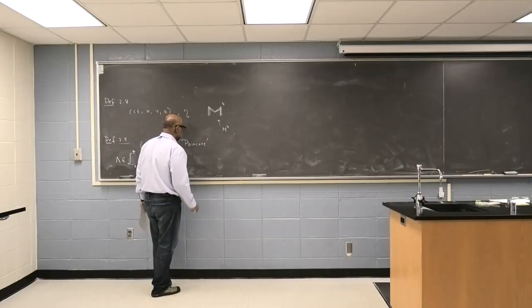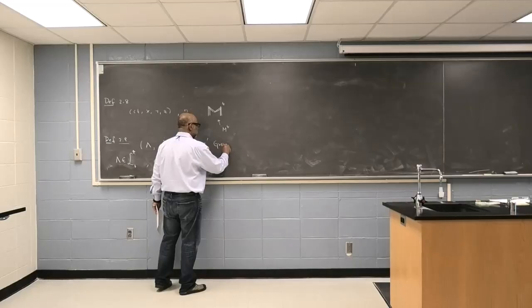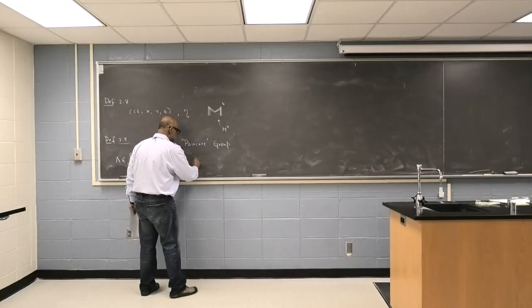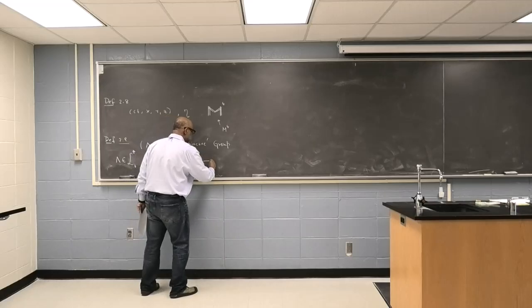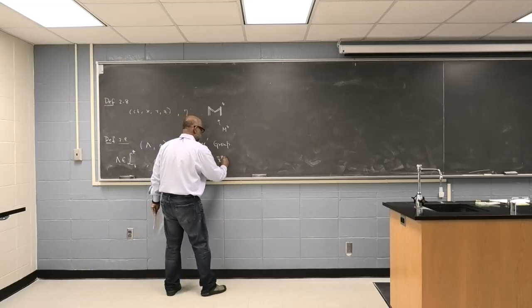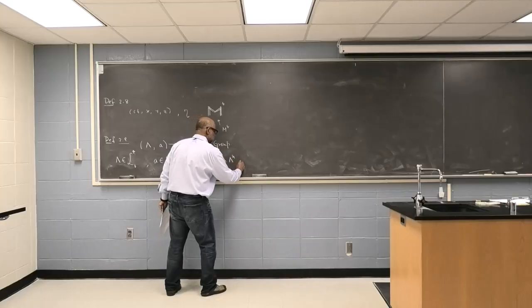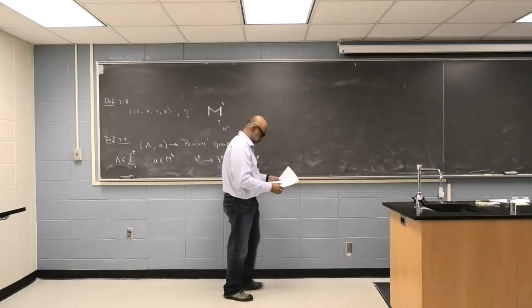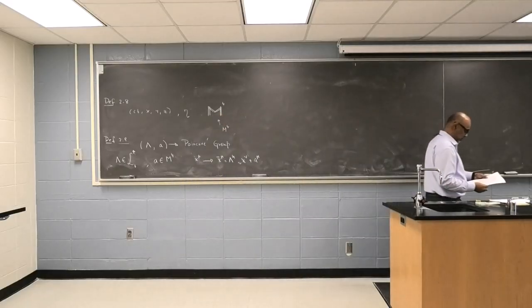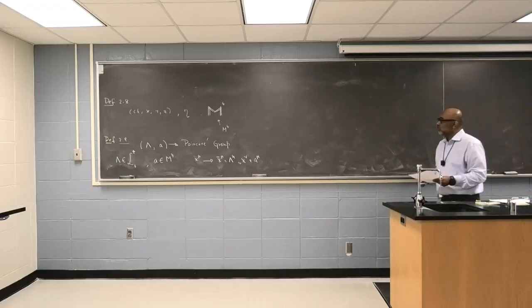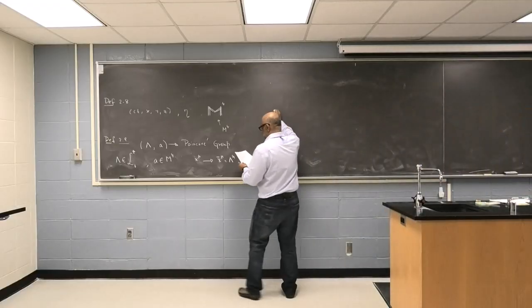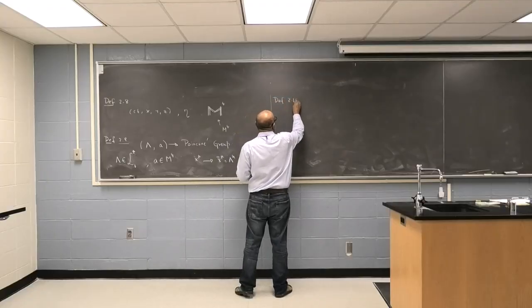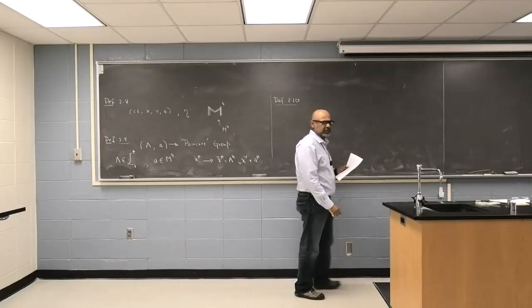This is called the Poincaré group. And under the Poincaré group, a vector transforms like so. Questions? Make sure you understand that.